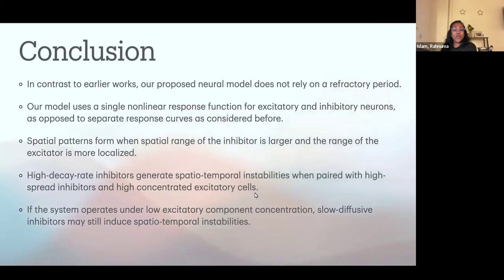If the excitatory cell concentration is low, in those cases the inhibitor can have slow diffusivity spreading in order to produce spatiotemporal instabilities.